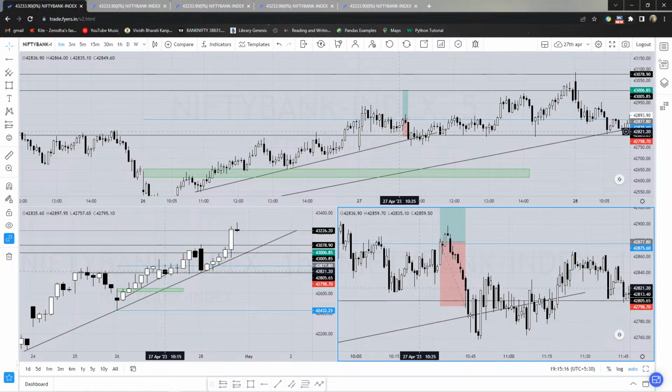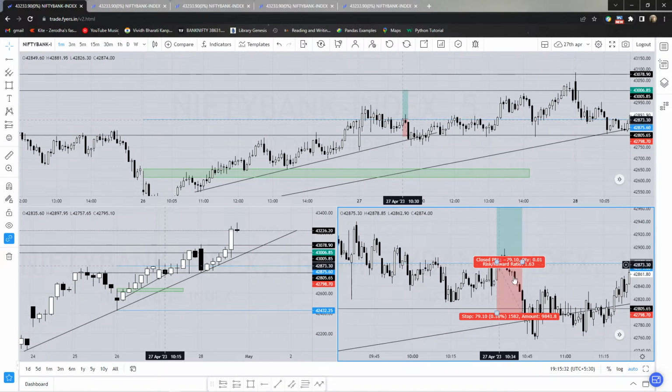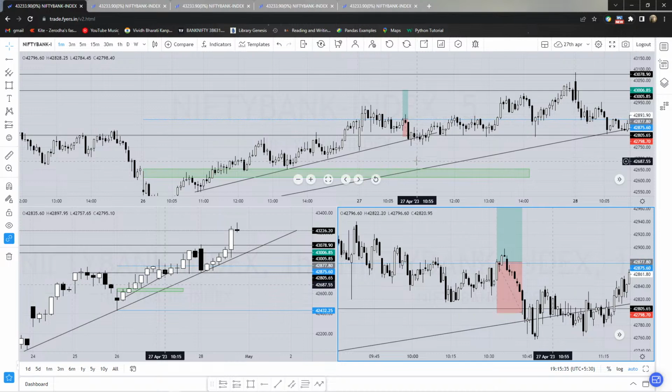I was looking forward to taking the entry right from this candle. Here I was making up my mind, but this was the candle where I actually wanted to trade. And this is why you should not trade like this.